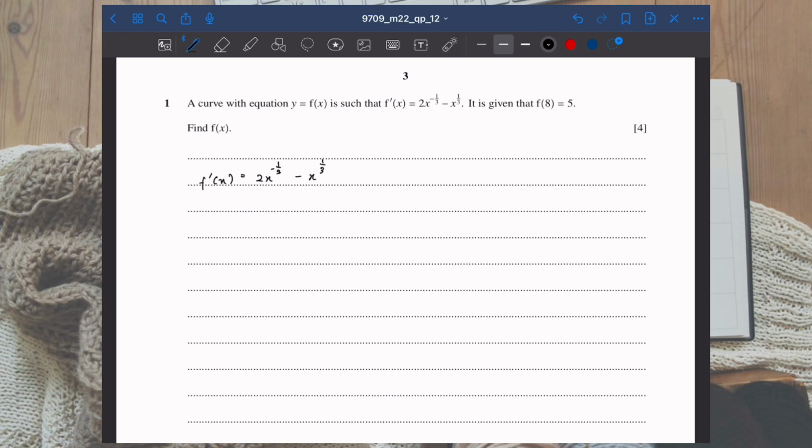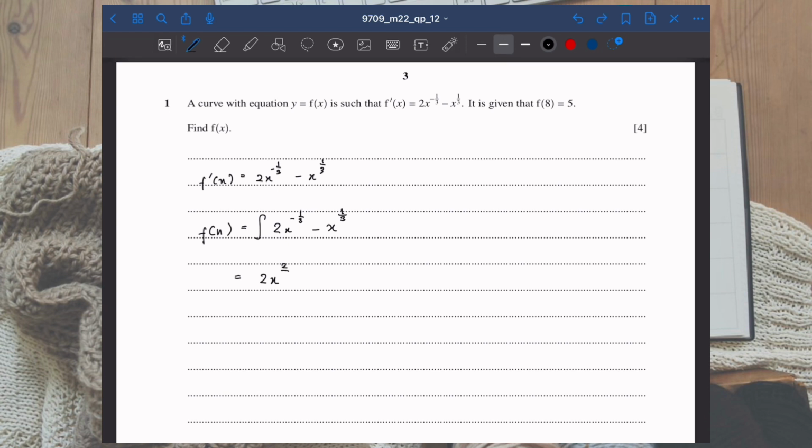So to get f of x, we can integrate the gradient. So f of x will be the integration of 2x power negative 1 over 3 minus x power 1 over 3. Integrating 2x power negative 1 over 3, we'll get 2x power 2 over 3, since we're adding 1 to the power.